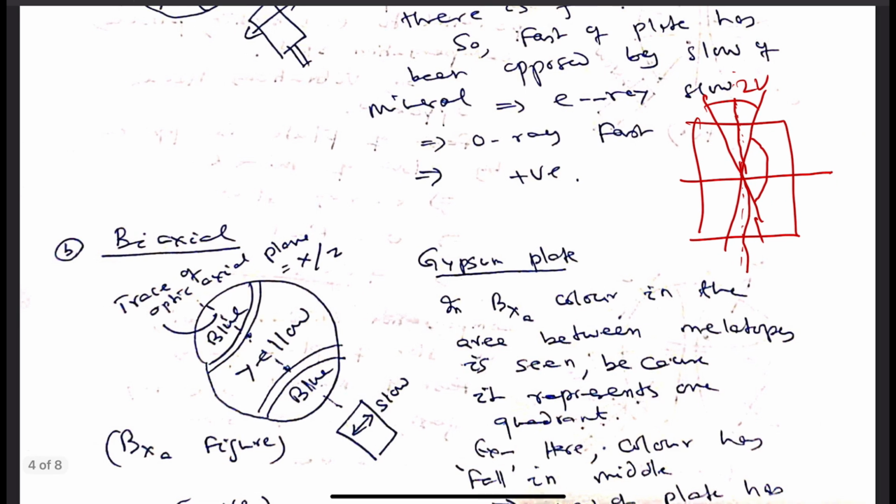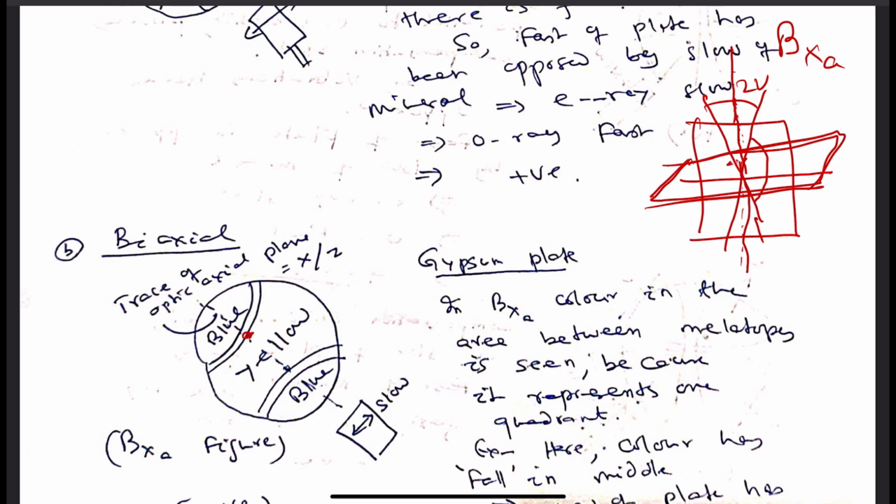And the section is cut like this, because this is the acute bisectrix. So this section is cut like this. So it contains the two optic axes.